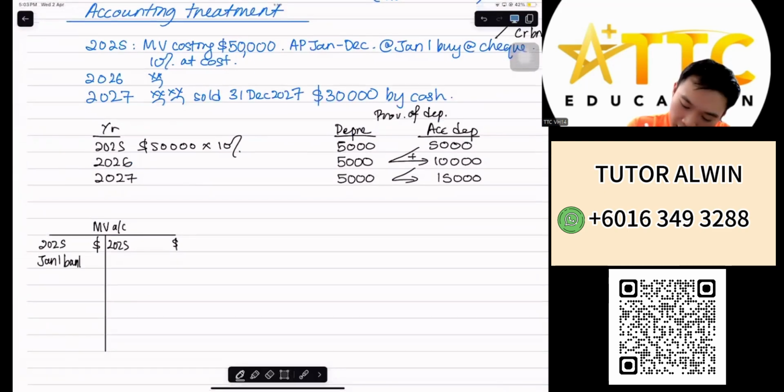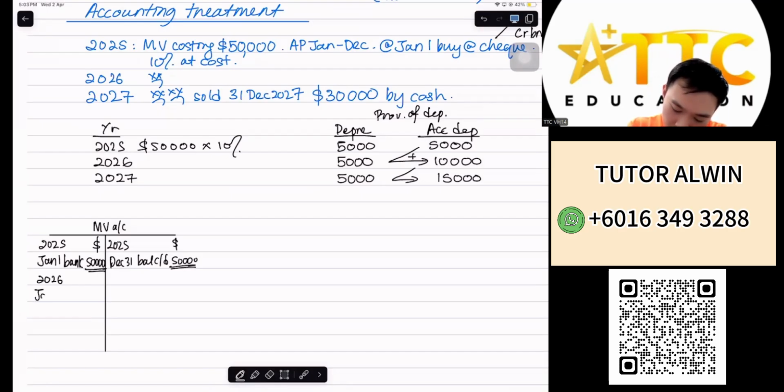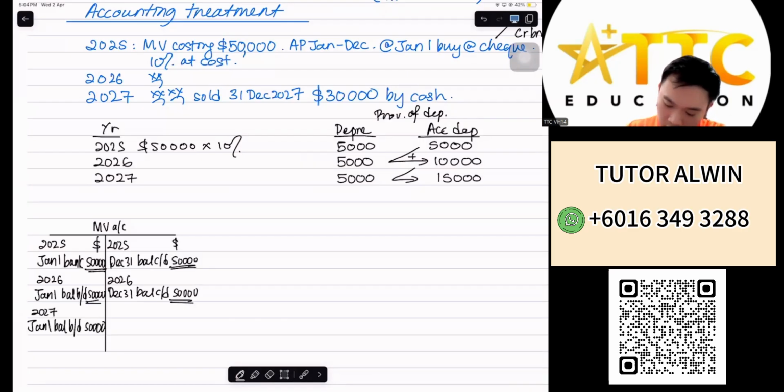So you debit motor vehicle with bank, 50,000. Nothing else happens, so on December 31 you have a balance carried down to the next year. 2026 is the same thing: January 1, balance brought down 50,000, and December 31, 2026, balance carried down 50,000. In 2027, January 1, balance brought down 50,000.